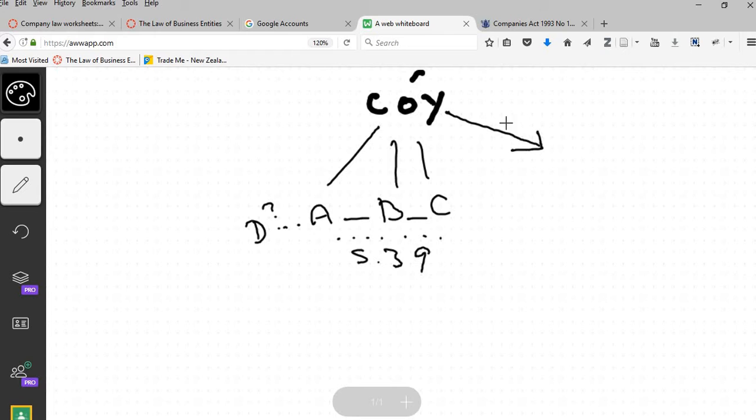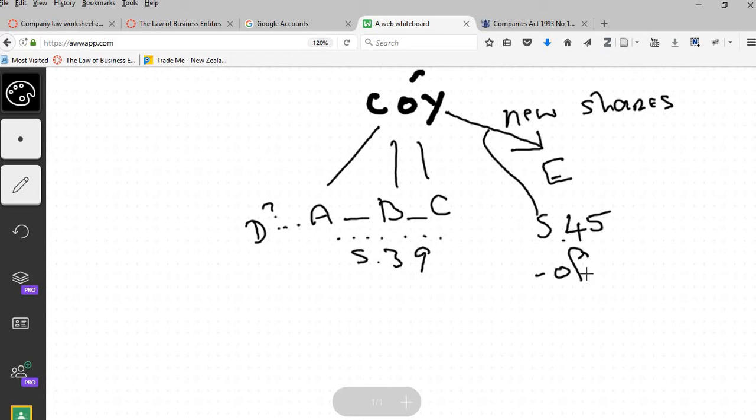Now this is where we have new shares. So we are now talking about issuing new shares, and this might be to person E. Now this is where a different type of preemption comes in, and that's section 45. And what it really says is we must offer to A, B, and C first.